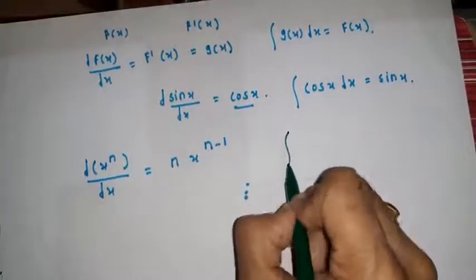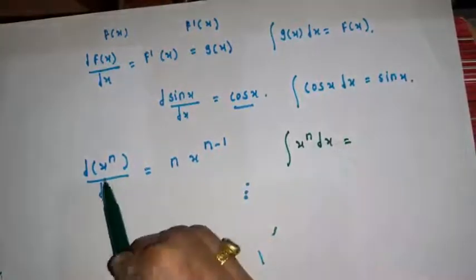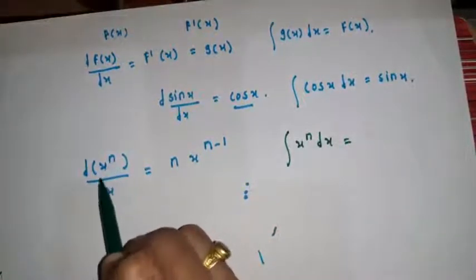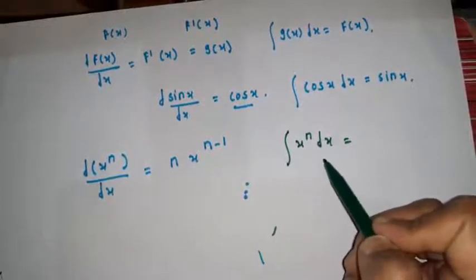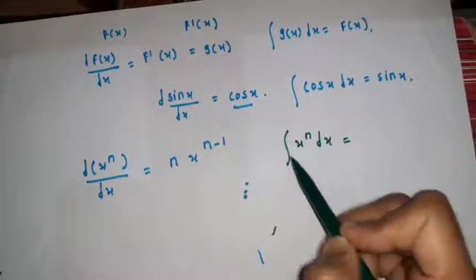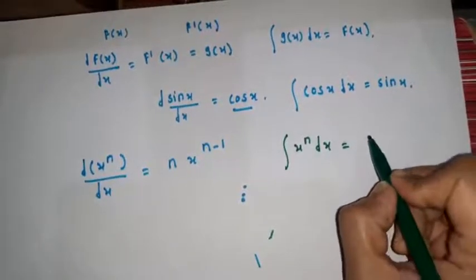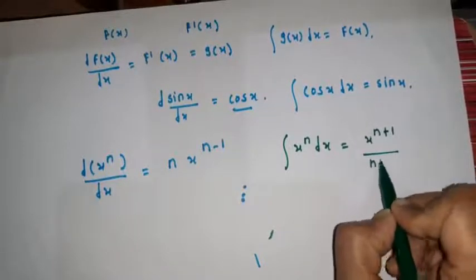That is, the integration of x raised to n with respect to x. The function is the same, that is x raised to n. Here we found its derivative, and now we are going to find its integration. The integration of x raised to n with respect to x is x raised to n plus 1 upon n plus 1.